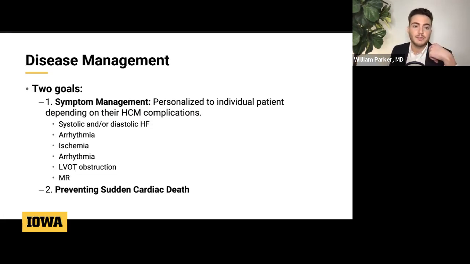One is symptom management. What this means may be different from one person to the next, depending on their predominant symptoms: heart failure, arrhythmia, ischemia, obstruction, mitral regurgitation. And the second goal is preventing sudden cardiac death.